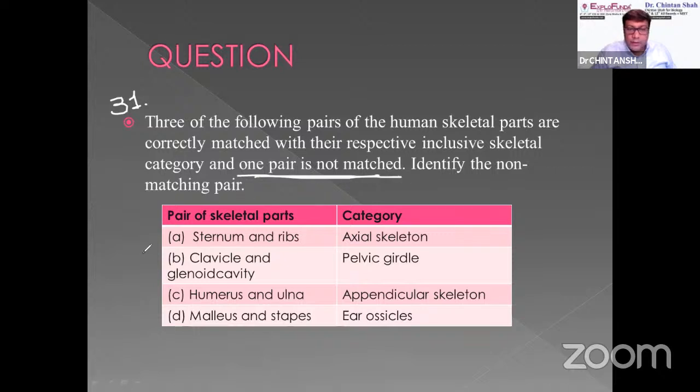Heath, if you want to correct this B, then what should be written over here? In place of pelvic girdle, what should be written? What should be written over here? What I think is it should be pectoral girdle. Alright? It should be pectoral girdle.